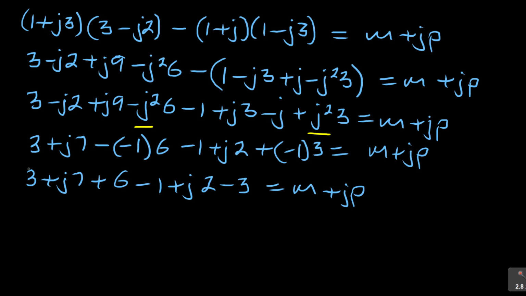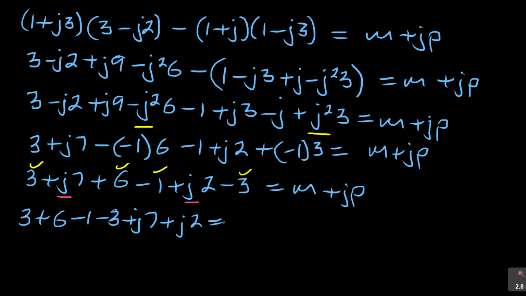So I've got 3 plus 6 minus 1 minus 3, and then also plus j7 plus j2, which is equal to m plus jp.